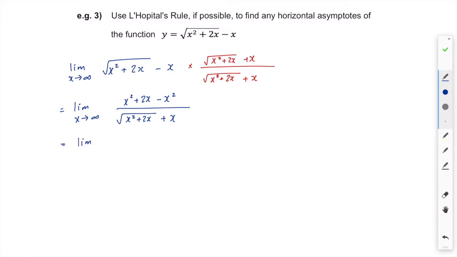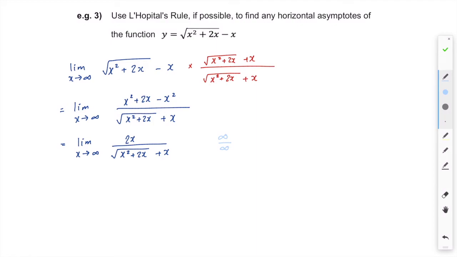I have the limit as x approaches infinity, 2x at the top, and then the square root of x squared plus 2x, plus x. So let's check. I have 2 times so-called infinity on top, and the bottom is still infinity. So this is indeterminate form. So we could use L'Hopital's rule here.